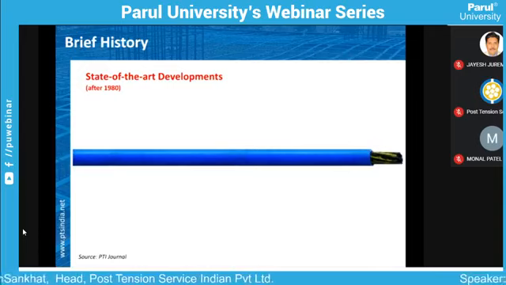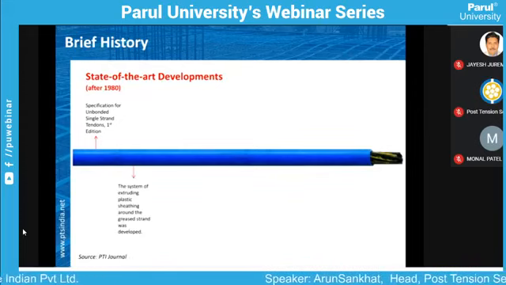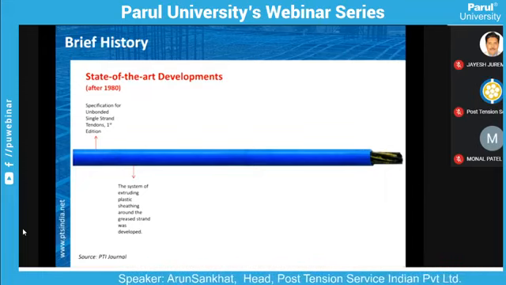These are some of the state-of-the-art or key developments. One of them is the specification developed by the PTI regarding the unbonded system: the system of extruding plastic sheathing around the grease and strand.